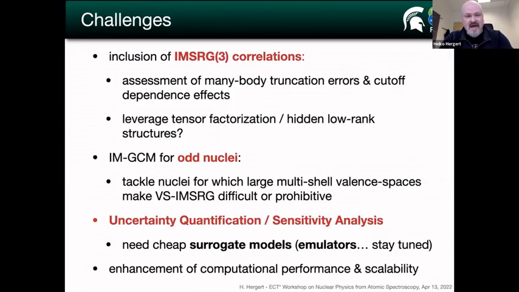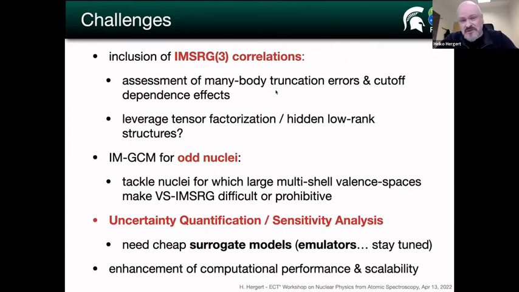So looking ahead, here is kind of my shopping list for the next couple of years. So I mentioned already the inclusion of IMSRG(3) correlations. So the framework, the equations and everything is derived, and in some cases implemented, but this will be a numerically challenging calculation, where you go from using single nodes in IMSRG(2) now to essentially going to leadership-class machines.